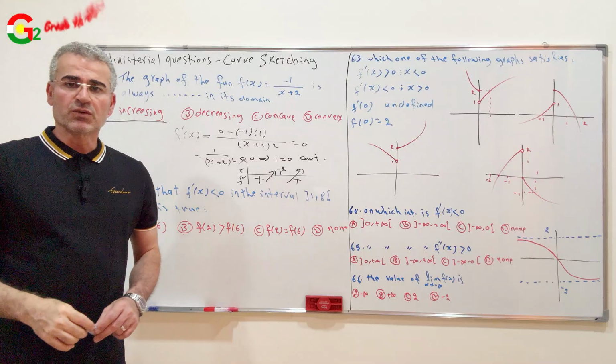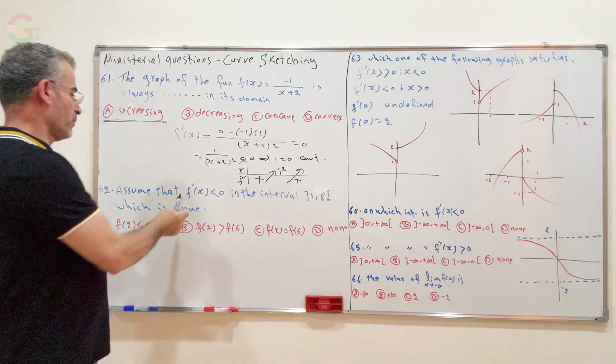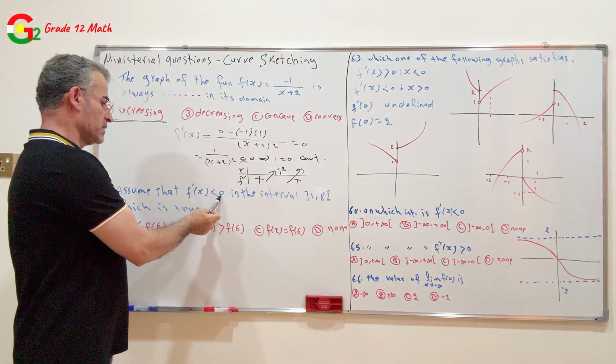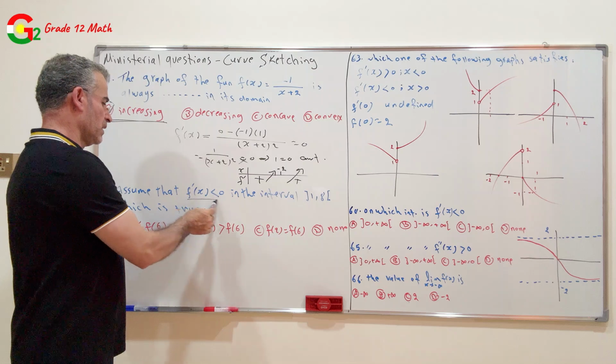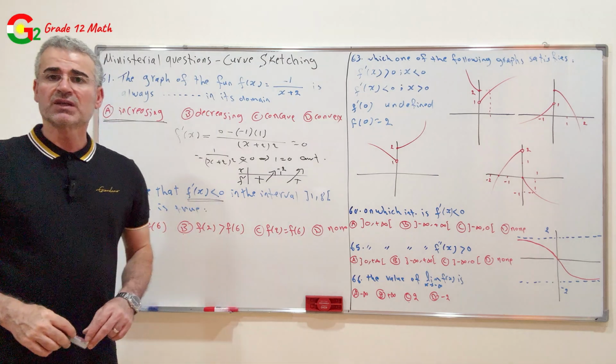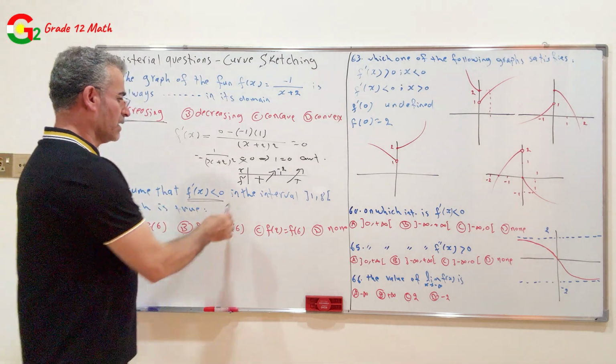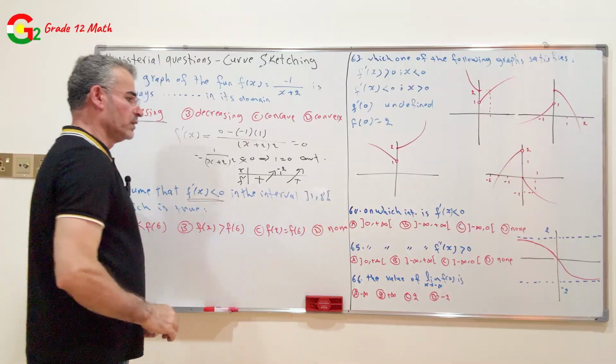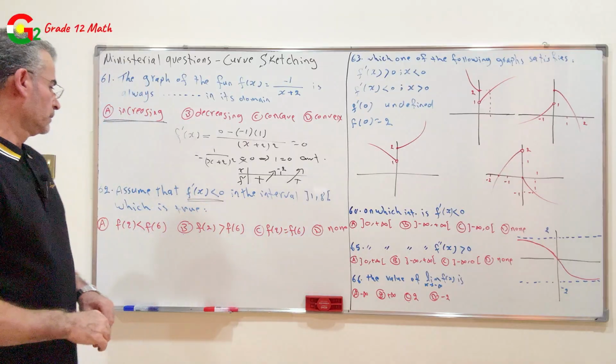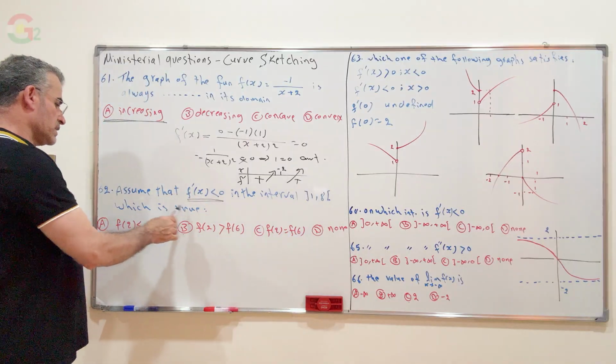Question number 62. Assume that f prime of x less than 0. What does that mean? That means the function is decreasing in the interval 1 to 8. Which is true.